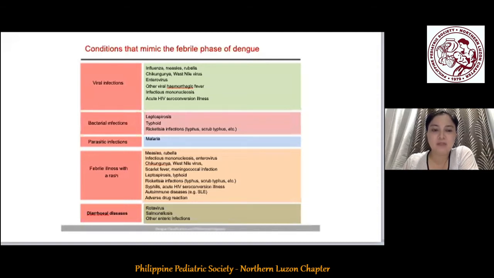In early febrile phase, dengue can mimic other flu-like illnesses. And these are the conditions that mimic the febrile phase of dengue. However, because of the COVID-19 pandemic, healthcare providers need to consider dengue and COVID-19 in the differential diagnosis of an acute febrile illness.